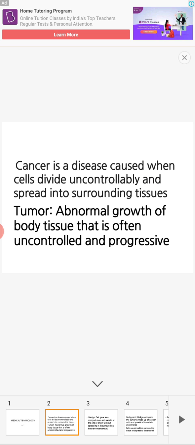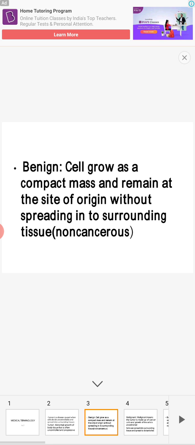Progressive means it spreads into other tissues, organs. It is not under control of the body system. Okay. Tumors are usually of two types, benign and malignant. Malignant is the type we can use the word tumor for, but benign is a type of growth.